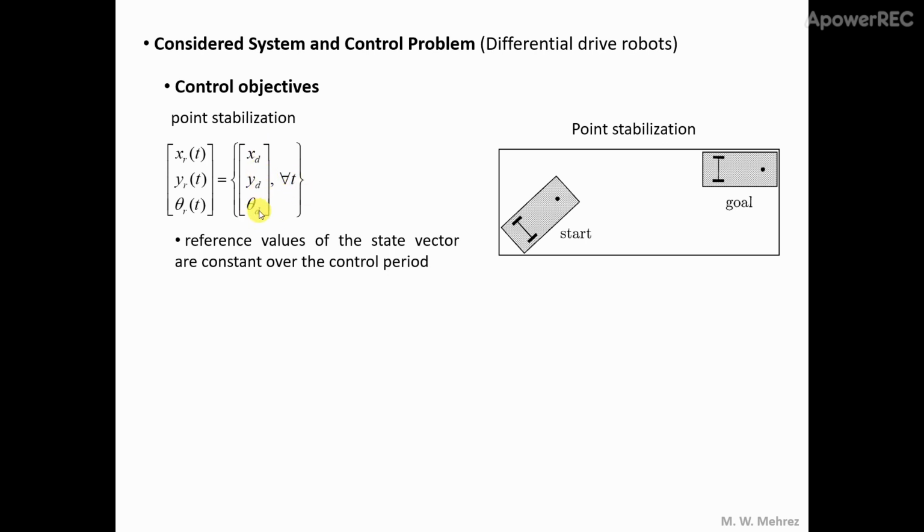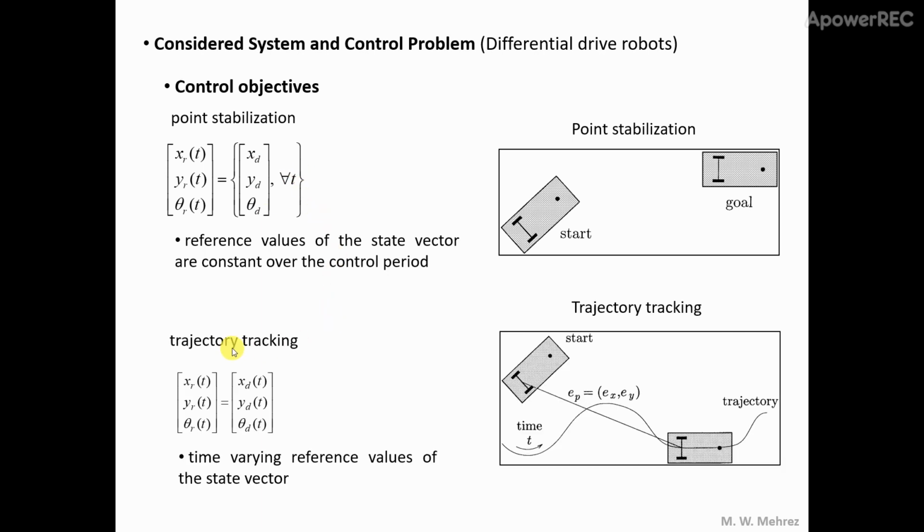And these three values are fixed for all the time steps. On the other hand, if we have a trajectory tracking problem, this means that we would like our robot to follow a certain trajectory that has states that evolve with time.